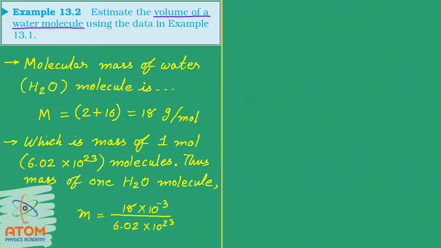So this gives the mass of one molecule, that will be nearly equal to, let us say, 3 into 10 raised to minus 26 kilogram. Remember, this is the mass of one H2O molecule.